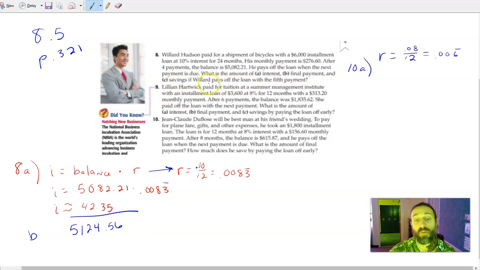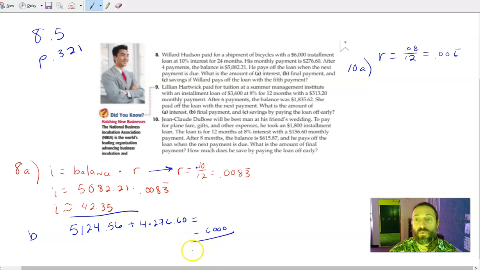And then C, the savings if you paid off the entire thing: you're going to make this payment plus, and it looks like you already made 4 payments at $276.60. You would add those up and then subtract the original $6,000, and that's how much you actually paid in fees on top.